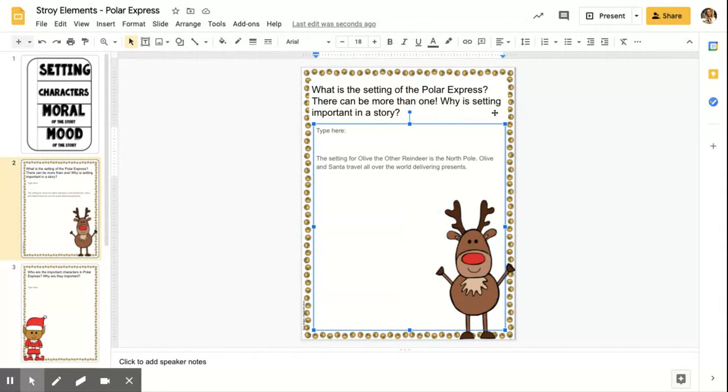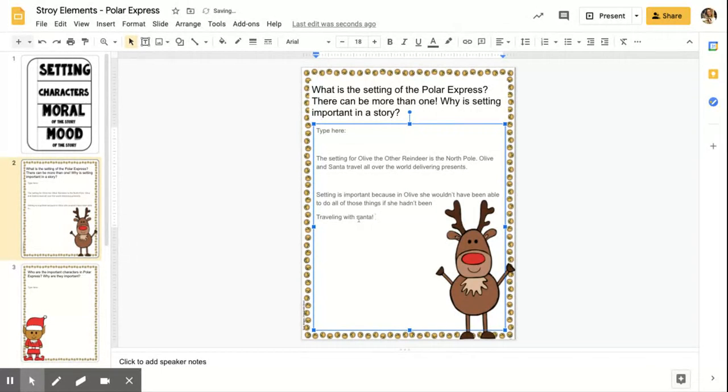And then there's a second question here that says, why is setting important in a story? I would say setting is important because in Olive, she wouldn't have been able to do all of those things if she hadn't been traveling with Santa.